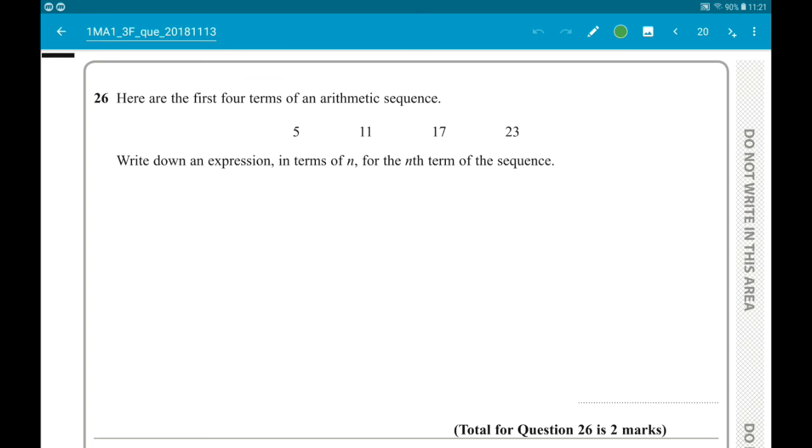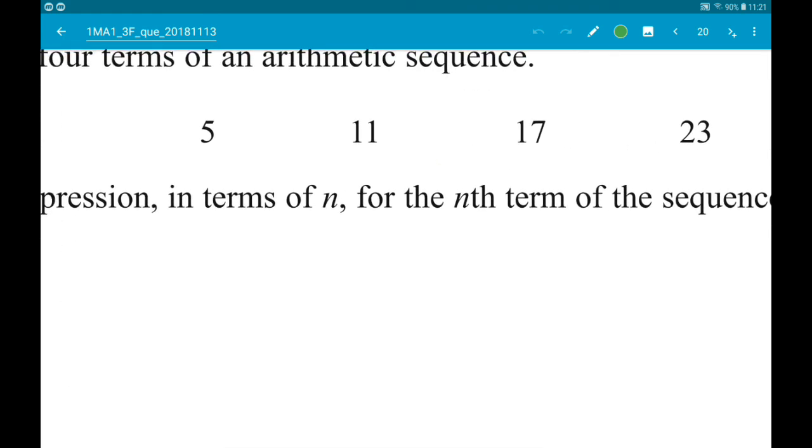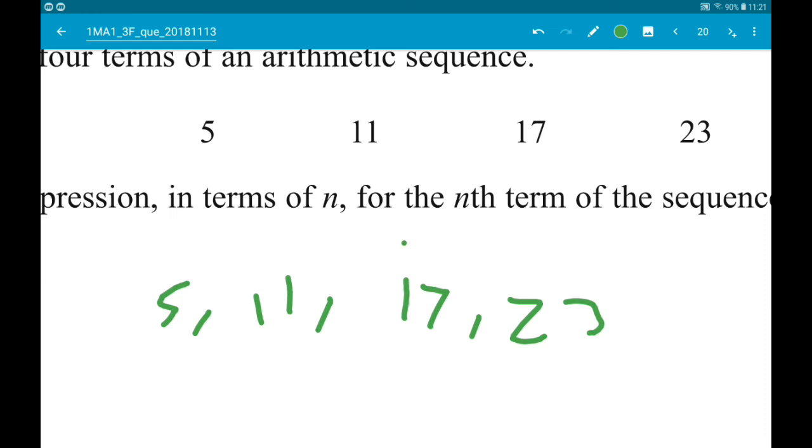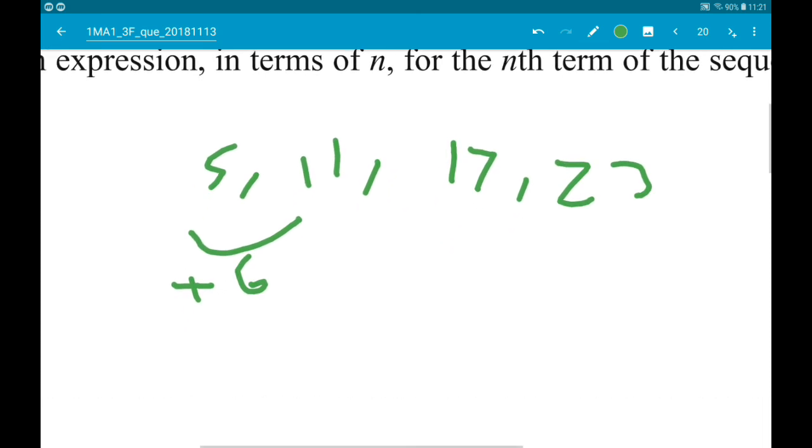Okay, so the first thing is to find how we're getting from term to term. So we got 5, 11, 17, 23. So we're adding 6 each time. That means then the sequence is something to do with 6n.